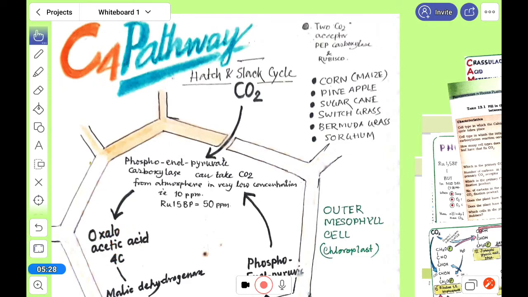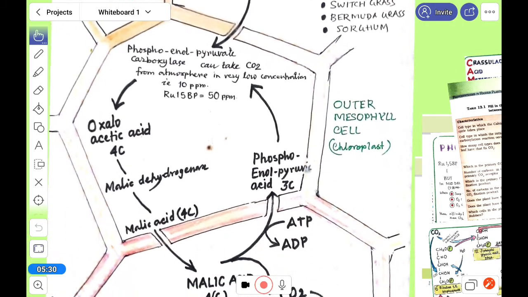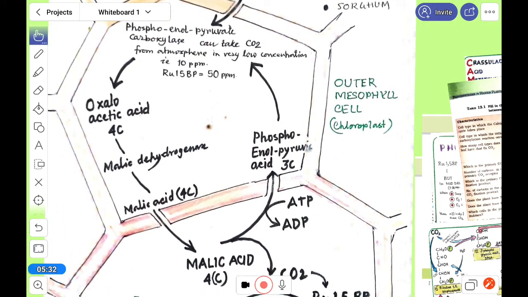It is found in the outer mesophyll cell. This oxaloacetic acid turns into malic acid with the help of the malic dehydrogenase enzyme. This malic acid enters inside the bundle sheath cell.